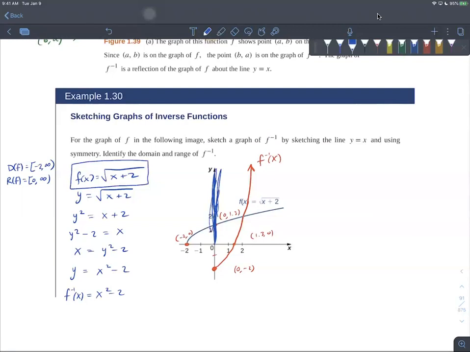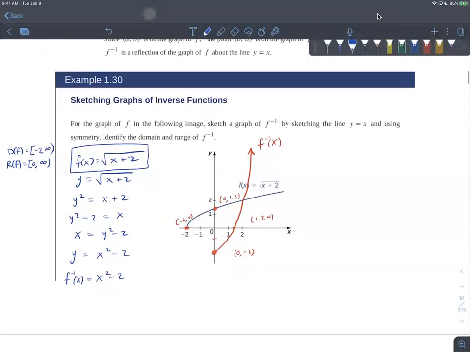Right, along the y-axis, we can go as low as 0, and then go up to infinity. So then what is the domain and range? Even though this looks like it's going to be a parabola here, what is the domain of f inverse of x, or f inverse?